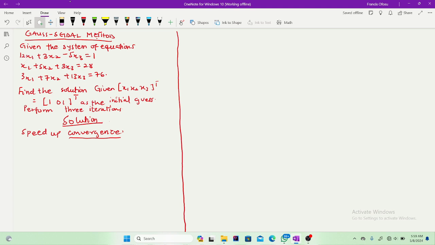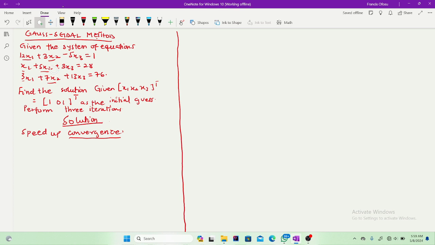Here we have 12x1, and we also have x1 and 3x1, so 12x1 has the highest magnitude, so you make x1 the subject in order to speed up the rate of convergence. When you come to x2, you have 3x2, 5x2, then 7x2, right? So we have to choose the biggest among them.